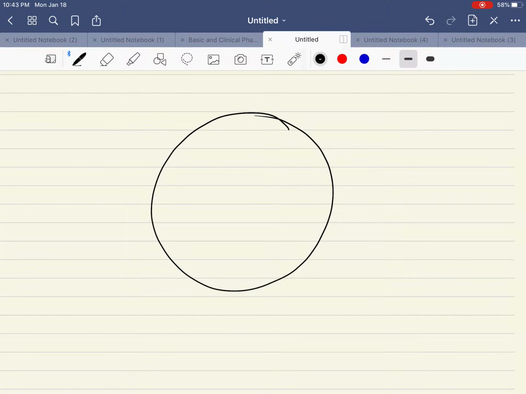Suppose this is a parietal cell. We know that in the parietal cell, at the site of the gastric lumen, there is a pump or transporter. It is called the hydrogen potassium pump.